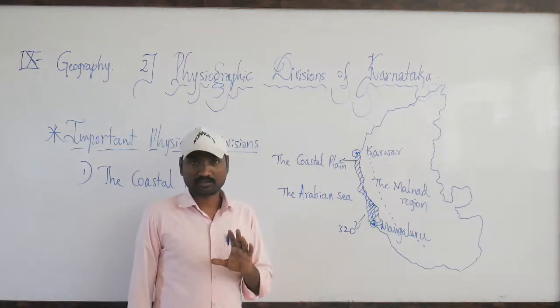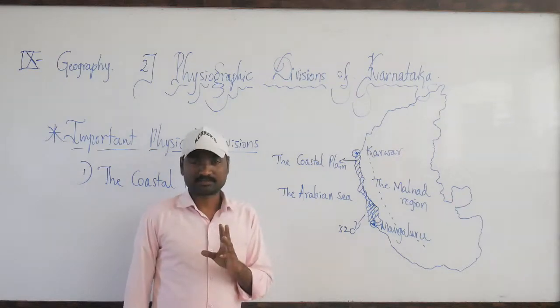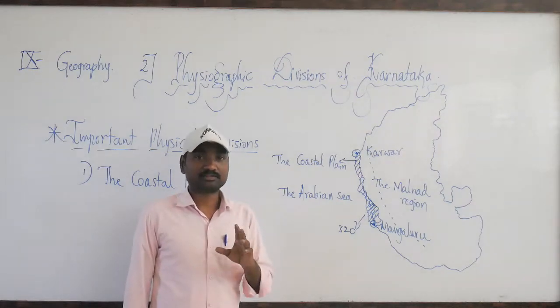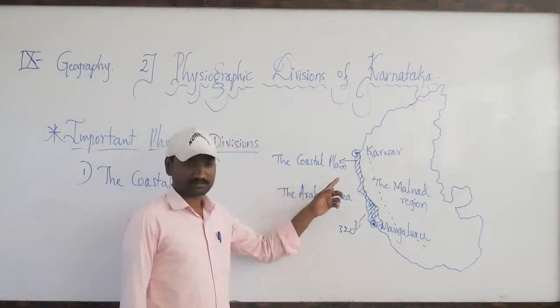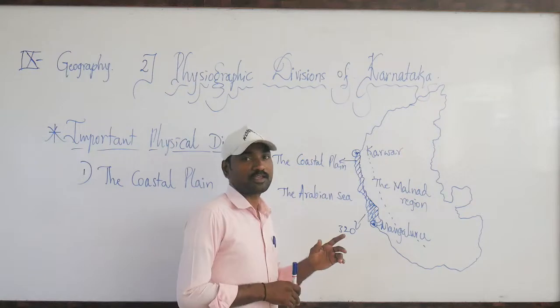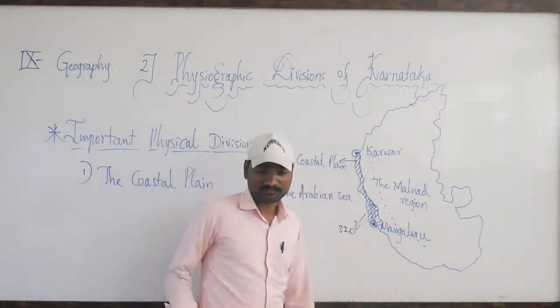These three districts are located in this coastal plain. This is what we have discussed about the coastal plain of Karnataka.